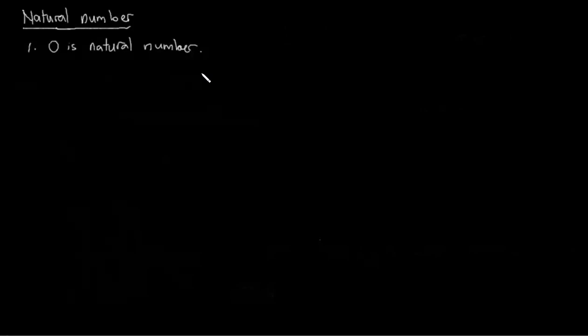Our second statement is very crucial because it defines most of the natural number system. It states that if n is a natural number, then n++ is also a natural number.